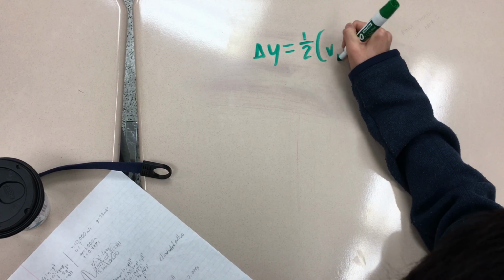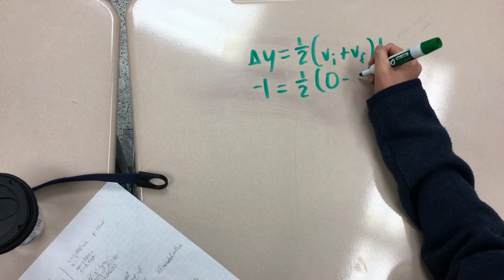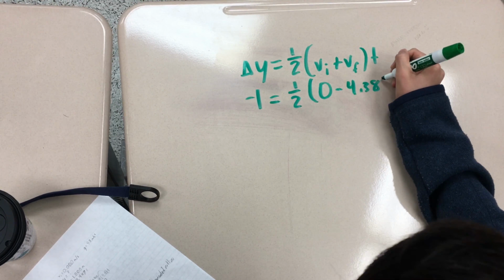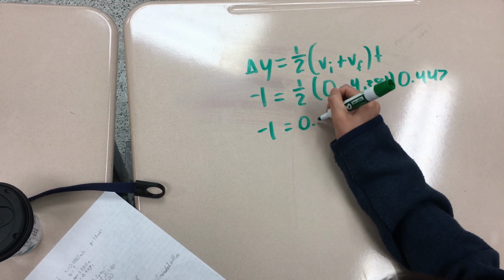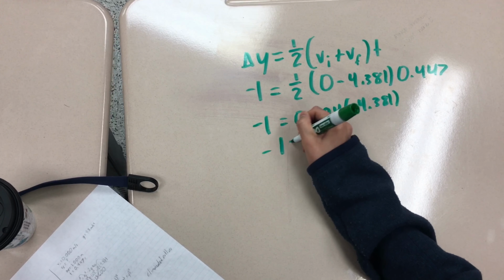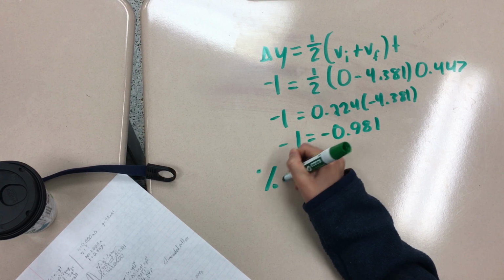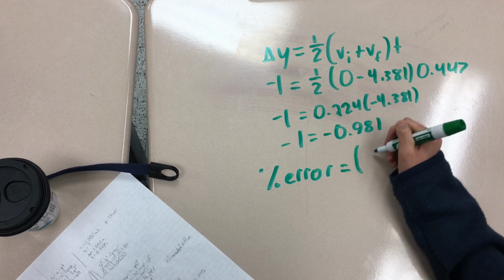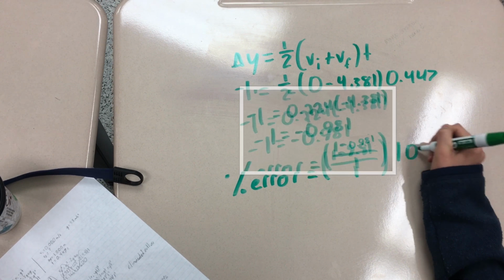This process can be repeated for the third formula by comparing delta y, or negative 1, to 1/2 (Vi plus Vf) times t, or negative 0.981, and plugging it into the percent error formula. As using negative values would yield a negative percentage, the absolute value of each component can be used to obtain the percent error of 1.900%.